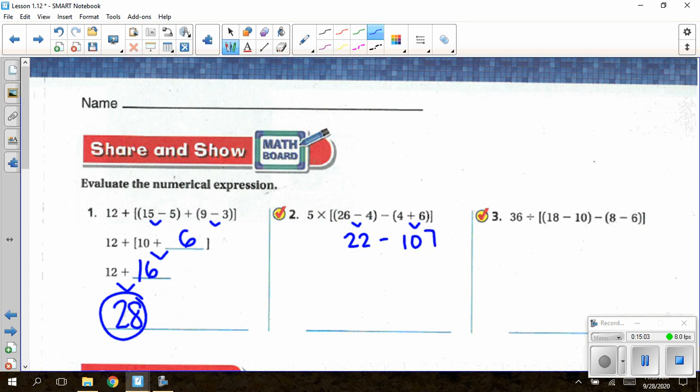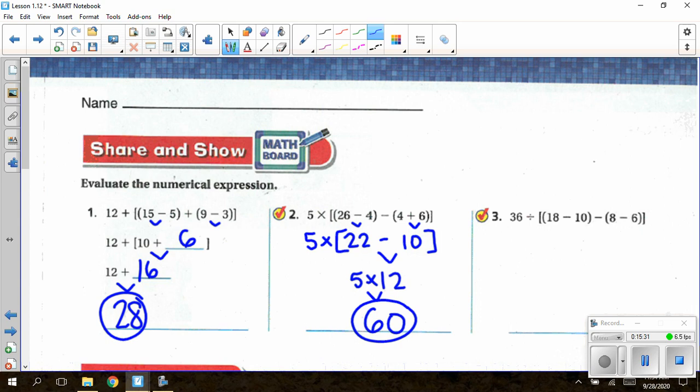Make sure I bring down those brackets because I've not solved everything inside them yet, and times 5 on the outside. So now I can do my set of brackets, which is 22 minus 10, which would equal 12. Bring down that 5 times, and to get the final answer, 5 times 12 gives me 60.